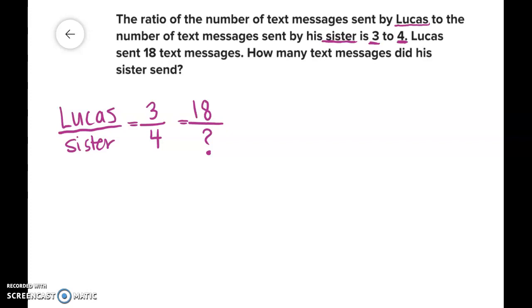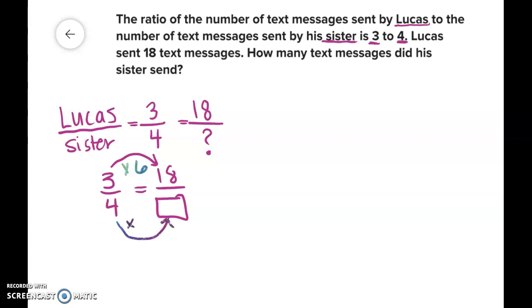So here we have a simple equivalent ratio. We have that 3 to 4 is equal to 18 out of how many? So I'm going to look for a relationship between 3 and 18. Is there a way for me to change a 3 into an 18? Well, I can multiply 3 times 6, which means that I would do the same thing to the 4.